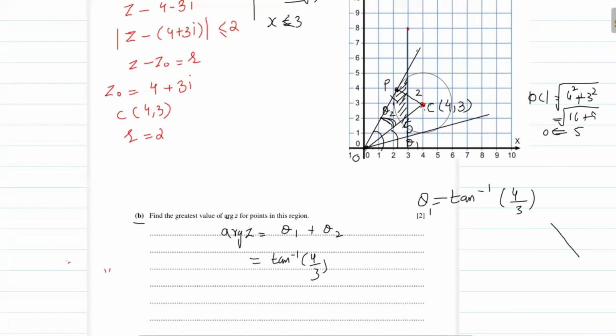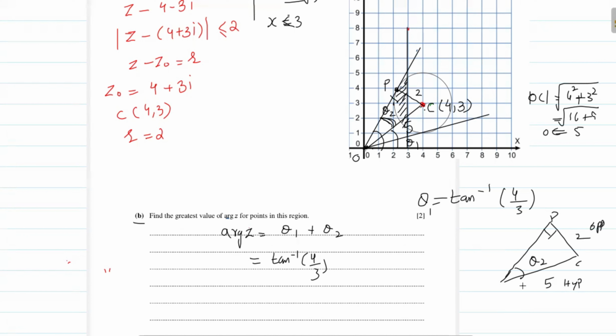Now we use this right angle triangle. In this right angle triangle, here the CP length is 2, OC length is 5. This angle theta 2 we can find. This is the hypotenuse, this is the opposite side.